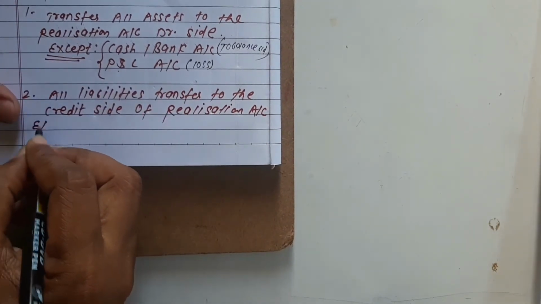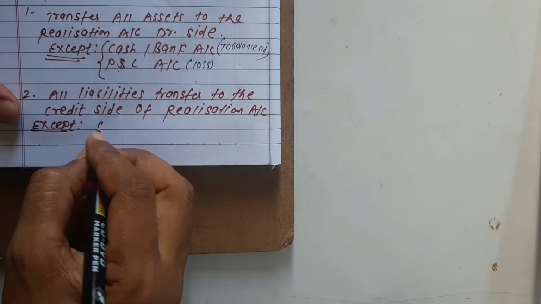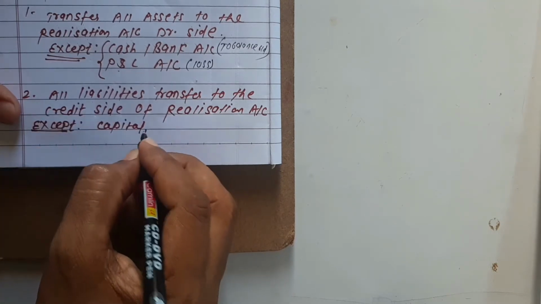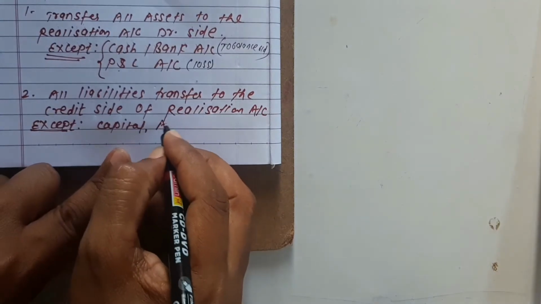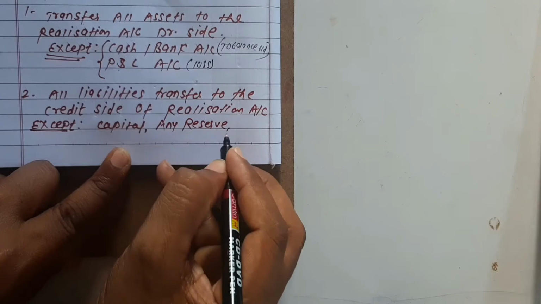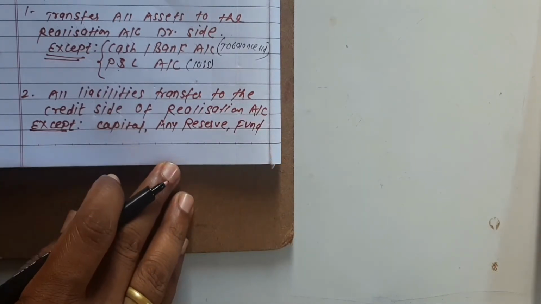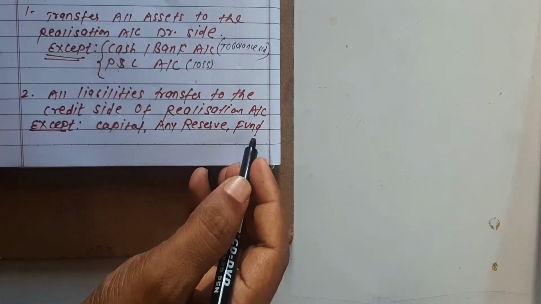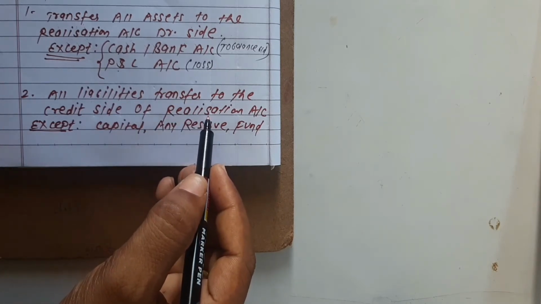Here I am going to explain. Except capital, means partners' capital, or any reserve, any fund. If there is any capital, any reserve or any fund, that will not be transferred to the realization account.